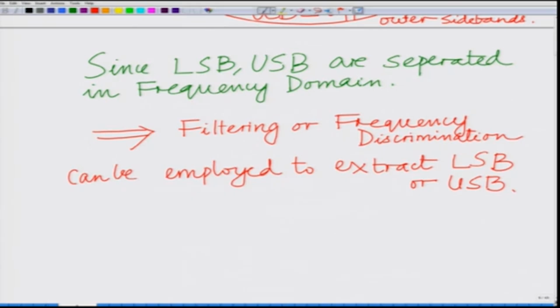So, one can use filtering or frequency discrimination to extract the LSB or the USB.